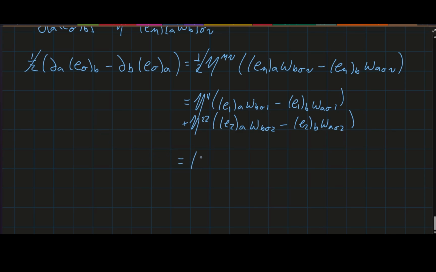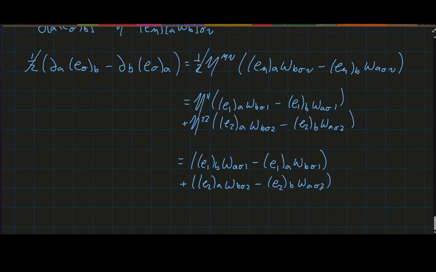We get E1B, so I'm just using the fact that eta 1/1 is a minus sign and flipping these brackets. Get omega A sigma 1 minus E1 A omega B sigma 1 plus E2 A omega B sigma 2 minus E2 B omega A sigma 2.